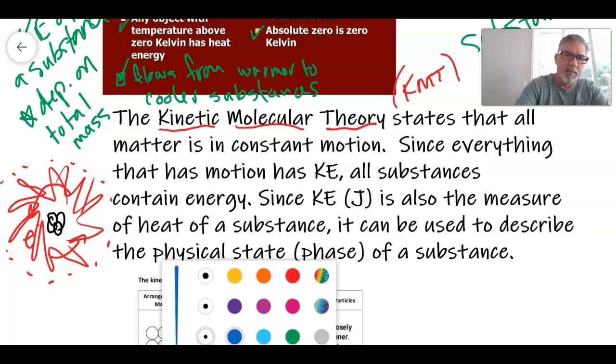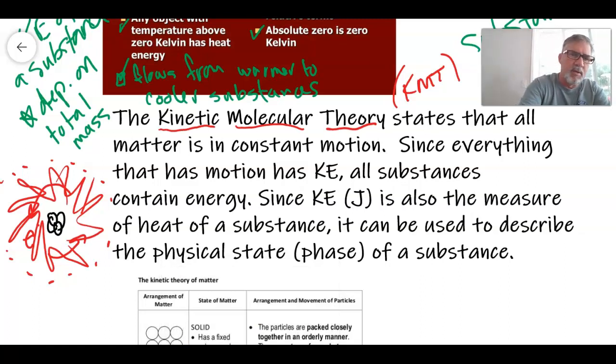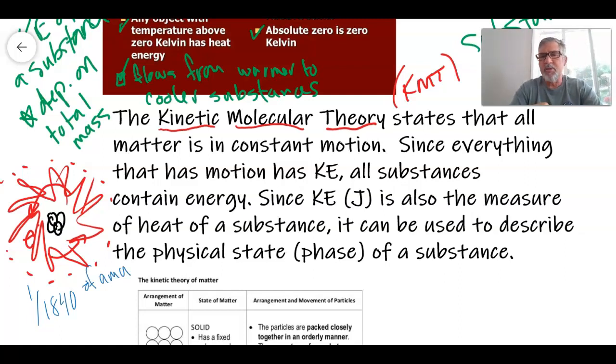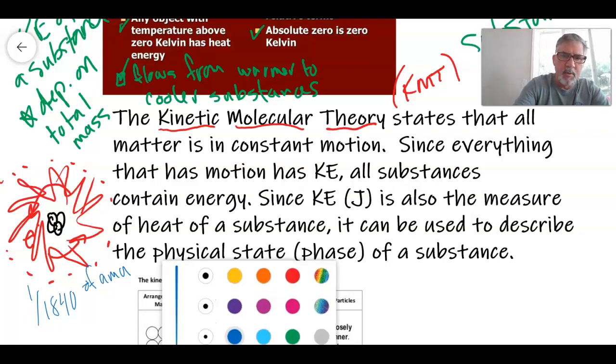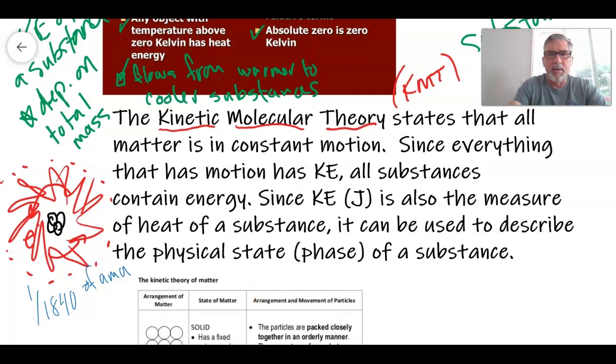Those electrons, even, remember that the mass of an electron is 1/1840th of an AMU. Even though electrons are very small, they still have kinetic energy, right? They still have momentum. All right, so since everything has motion as kinetic energies, all things can contain energy.